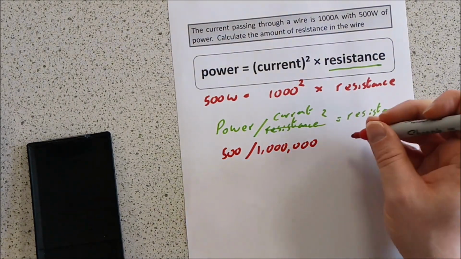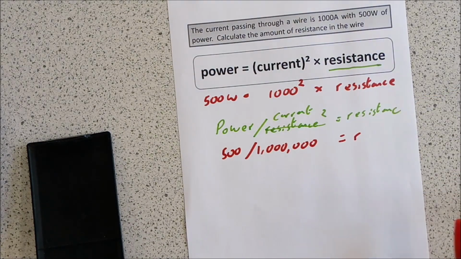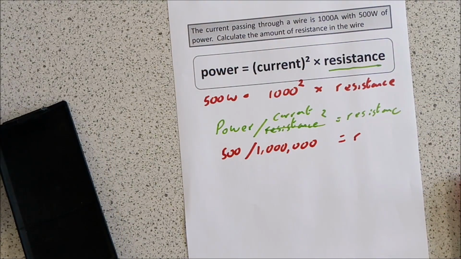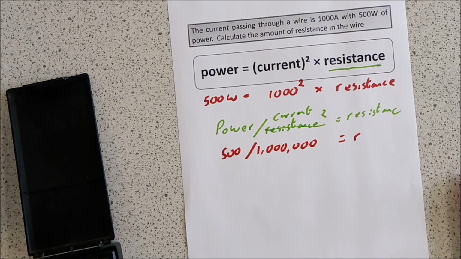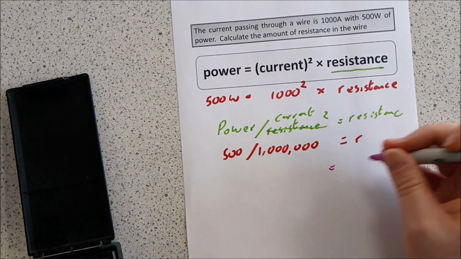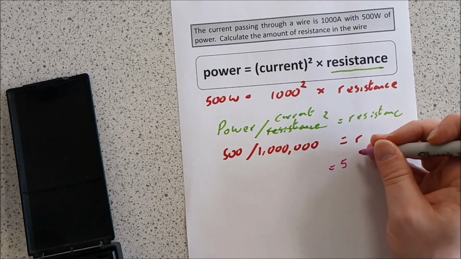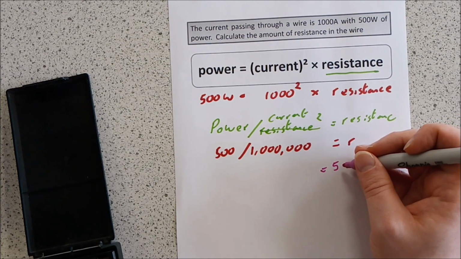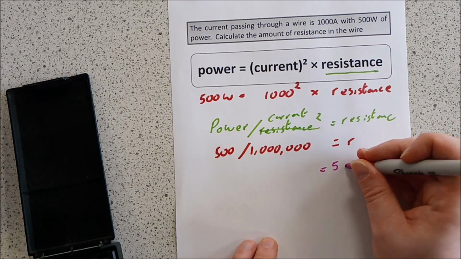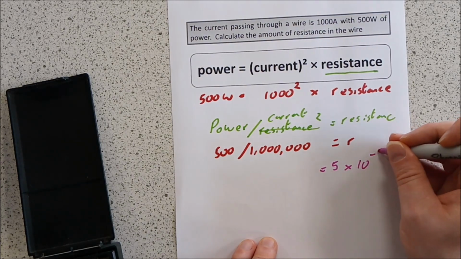In this case, that's going to equal the resistance. So 500 divided by a million. So that is all going to equal 5, and if we put it into standard form, times 10 to the power of minus 4.